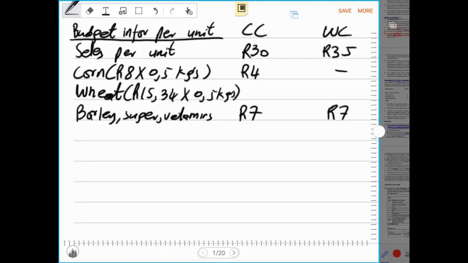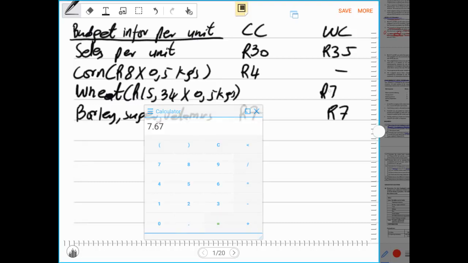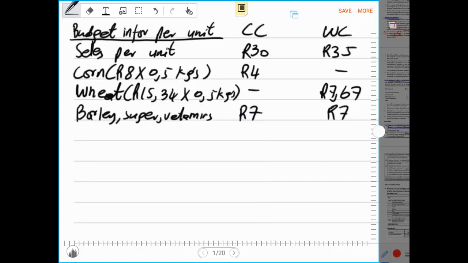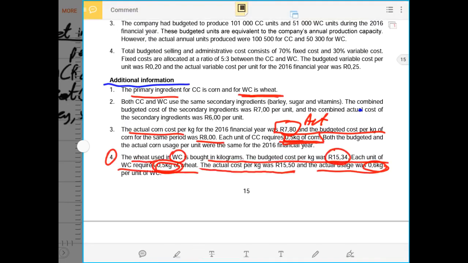So now that will give us the cost of wheat per unit of product whole wheat cereal. 15.34 times 0.5 gives us 7 rand 67. Remember, wheat is not being used as a primary ingredient for product CC. It's only used as a primary ingredient for product WC.